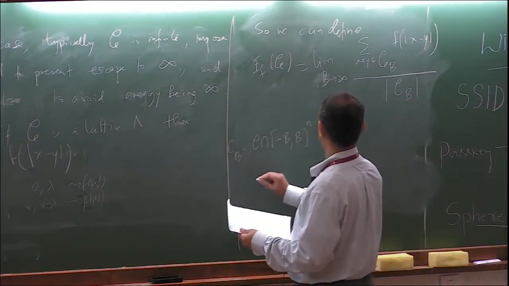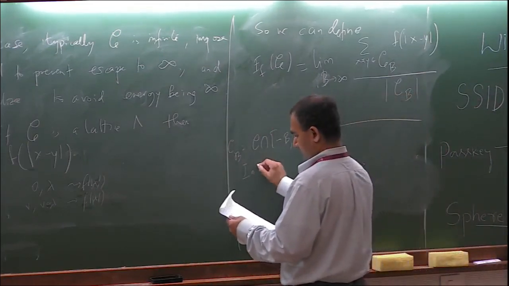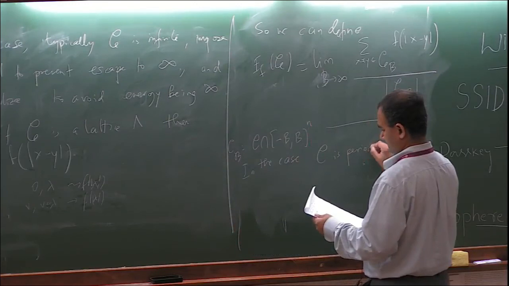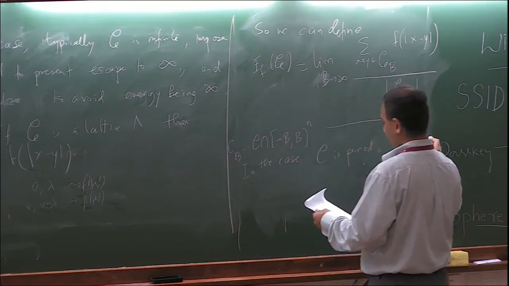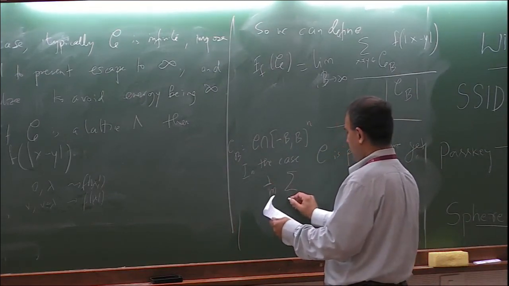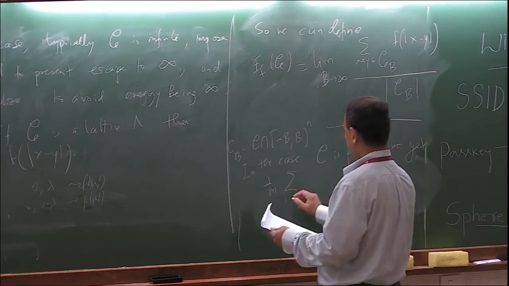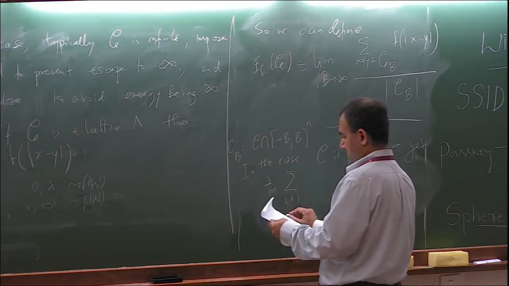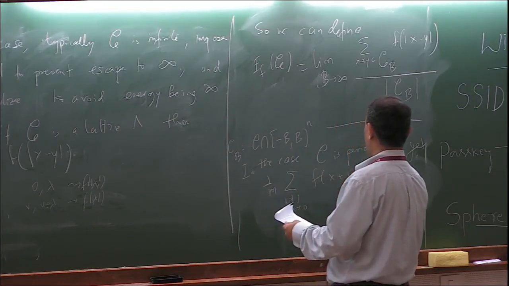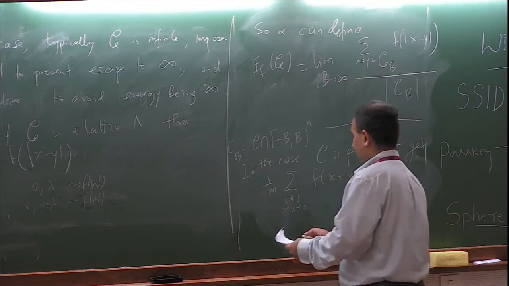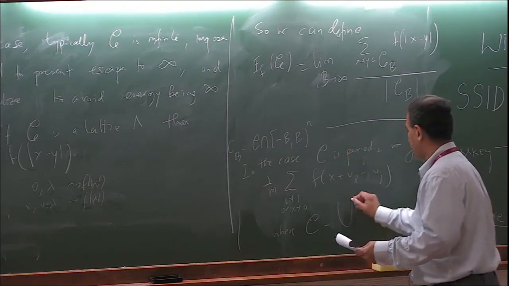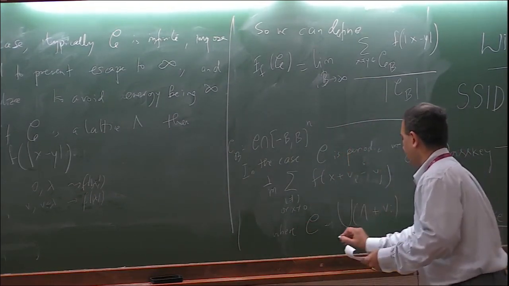Or you can say, in the case when C is periodic, you can define this as 1 over m times the sum over i not equal to j or x not equal to 0 of f of x plus v_i minus v_j, where C is the union of lambda plus v_i, i going from 1 to m.